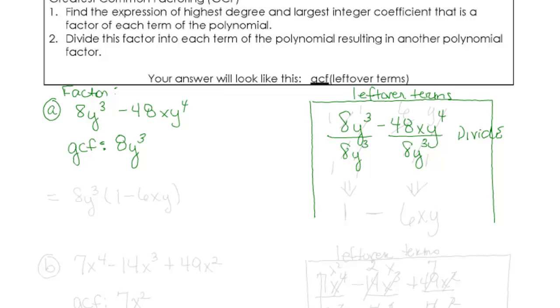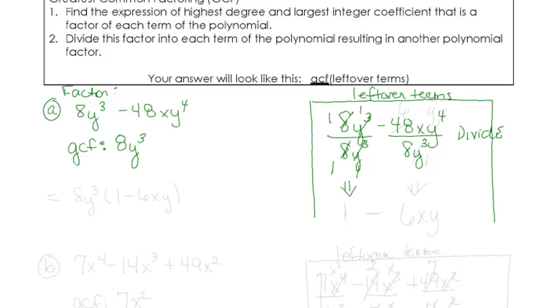Okay? So, look at this first one. 8y cubed over 8y cubed reduces to what? 1. 8 divided by 8 is 1. y cubed divided by y cubed is 1.